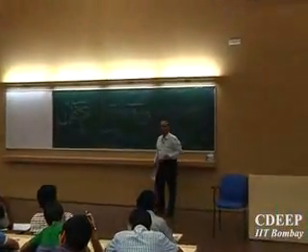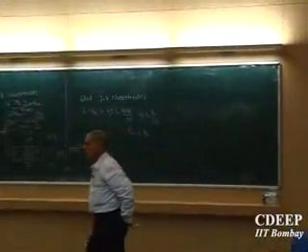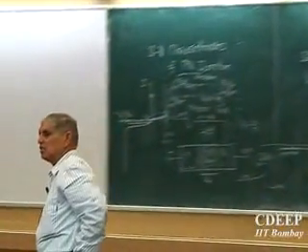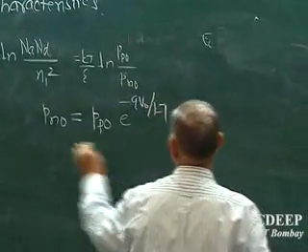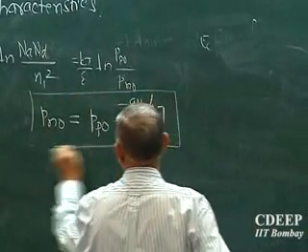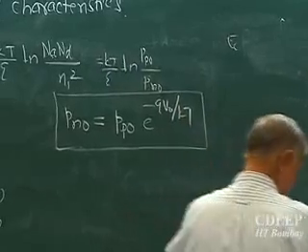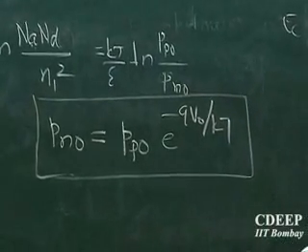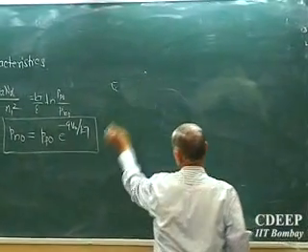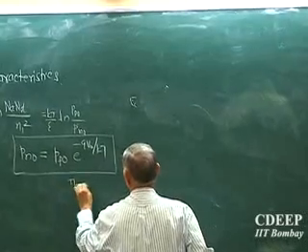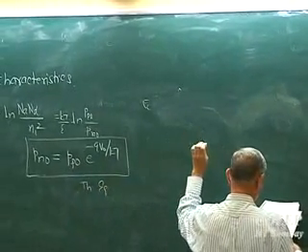What is p_p0? The hole concentration in equilibrium on the P side, which is equal to N_a. So this is N_a e to the power minus qV0 by kT. This one relation is important. Then I derive another expression. This is under equilibrium. We only derive this equation, it's dropped, don't worry.